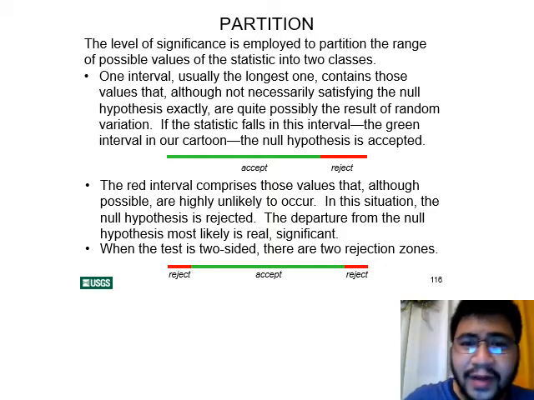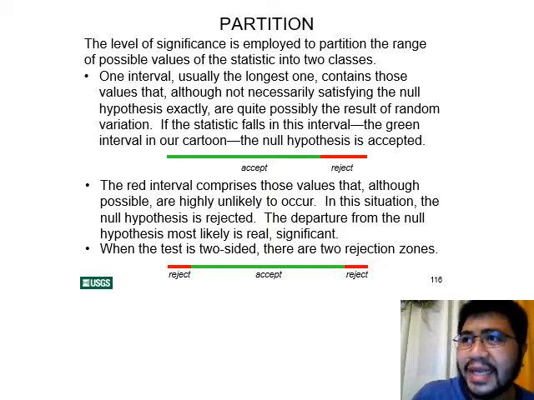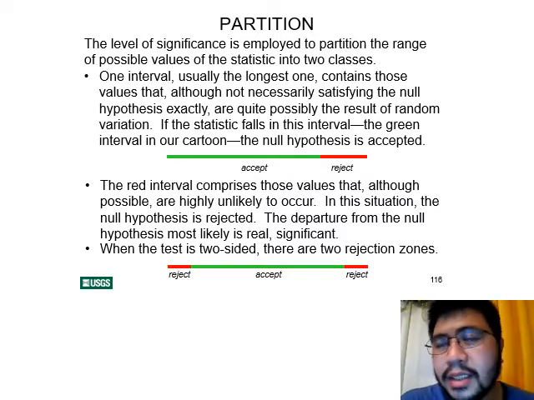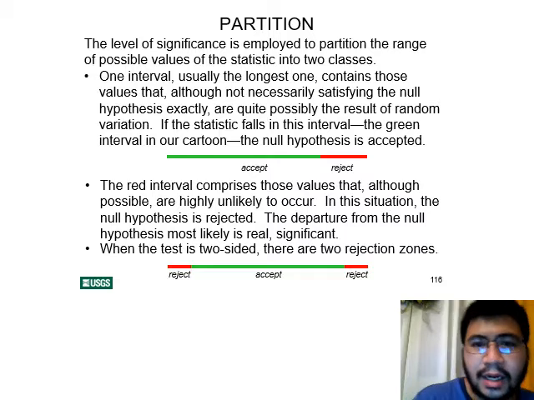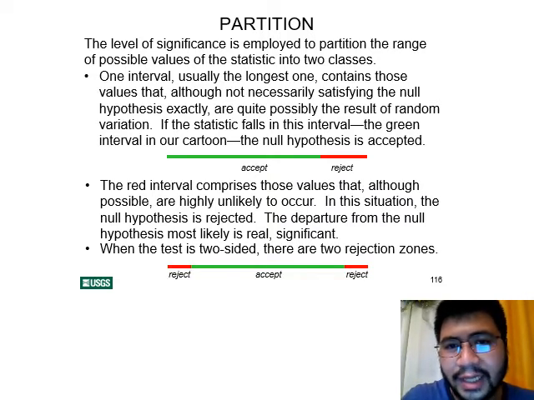If you choose 5% alpha, it means you can tolerate a 5% chance of being wrong. If you choose an alpha of 10%, you can tolerate a 10% chance of being wrong. If you're really meticulous, you can choose a 1% level of significance, where you can only tolerate a 1% chance of being wrong.